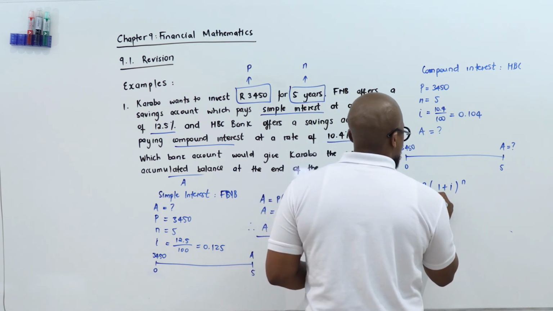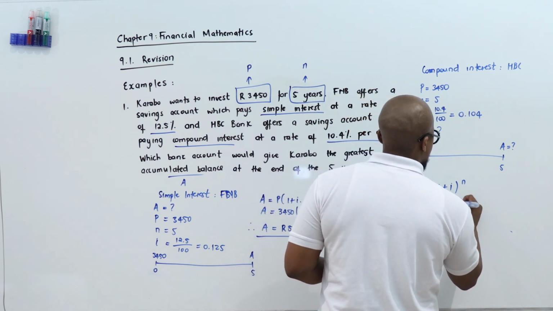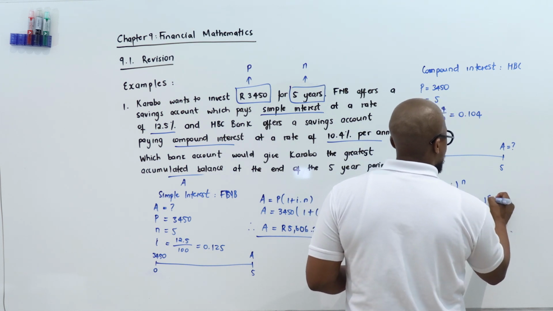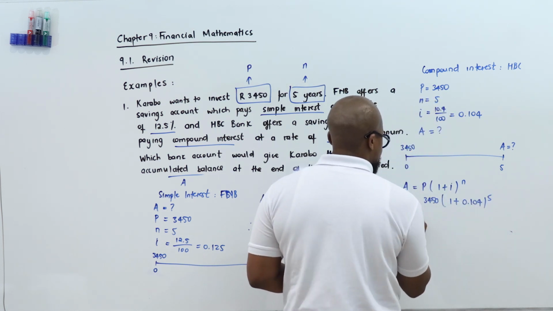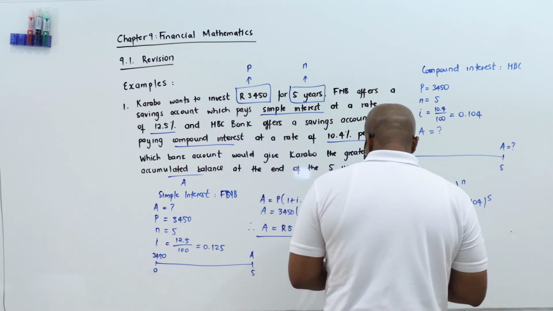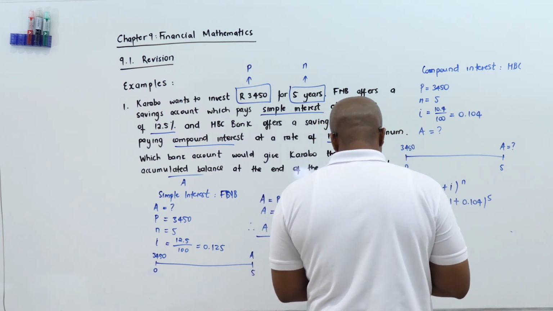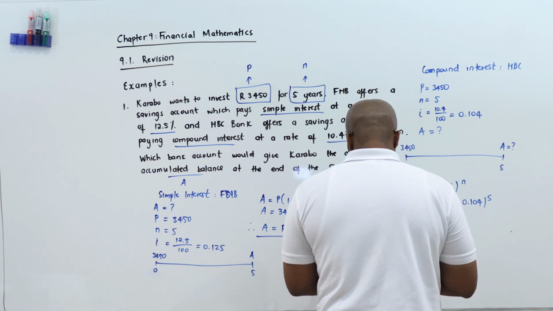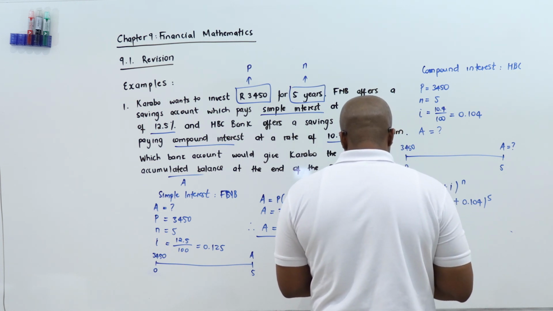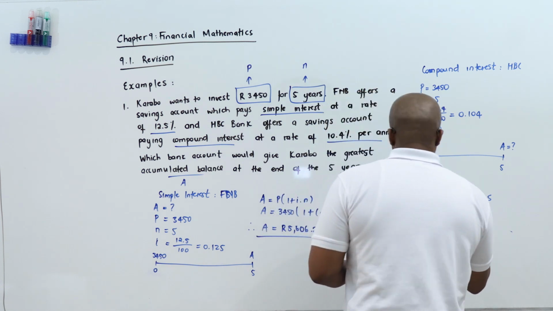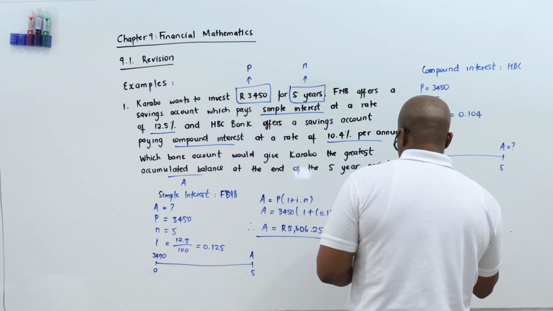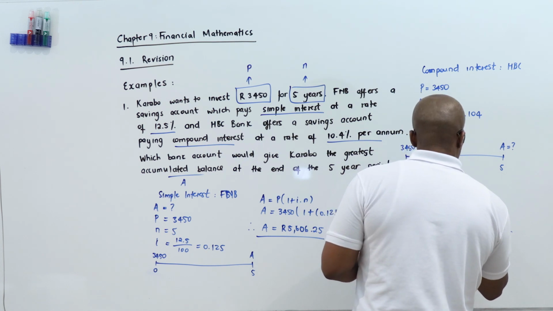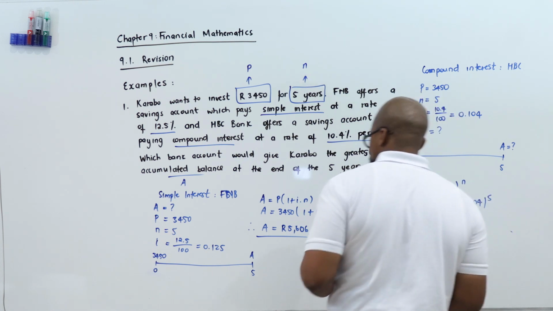So we've got 3,450 in bracket 1 plus 0.104, all of that raised to the power of 5, because the time horizon of the investment is 5. Let's calculate this. That gives me an amount of 5,658.02.